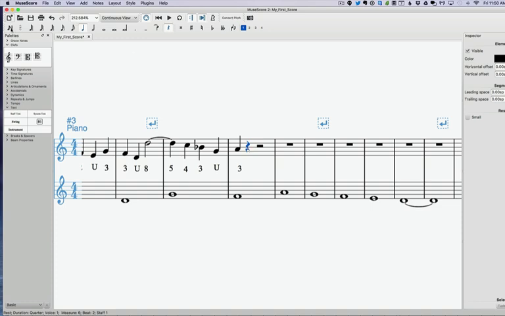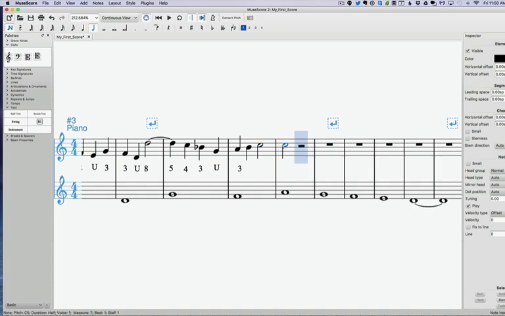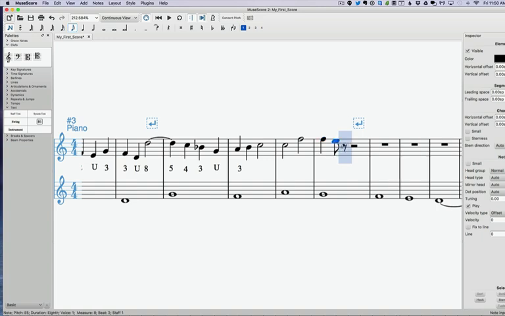So what he does next is we're going to go up to a B and then a C. And then he's going to tie that C over, and now he's going to do an F and tie that over. I'm going to go backwards and get those ties in a second. And we have some eighth notes popping up.